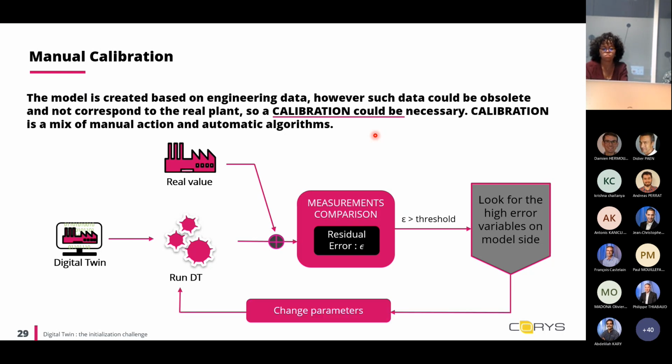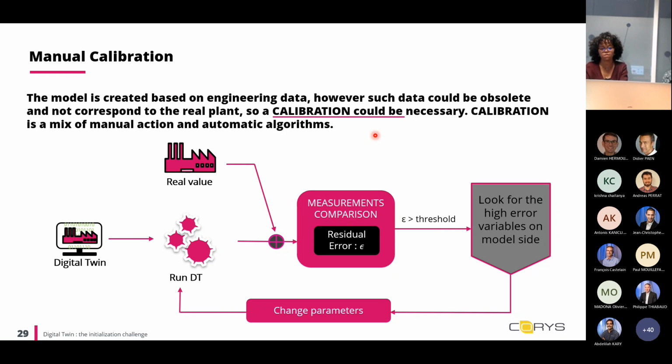Once we know which variables have high error, we can see which parameters around this region are linked to this variable, and then we manually change its value so that the digital twin has a behavior closer to the real plant behavior.